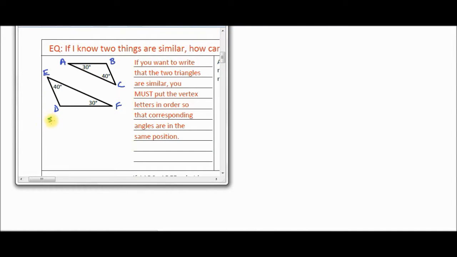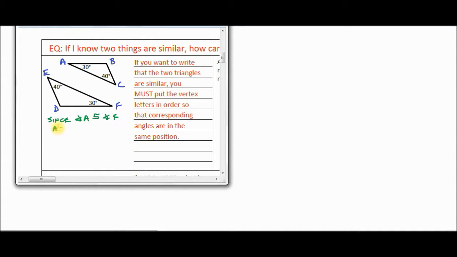okay, since we know that angle A is congruent to angle F, take a look at the two triangles. You will see that angle A is 30 degrees, angle F is 30 degrees. Those angles, or those vertices, match up.